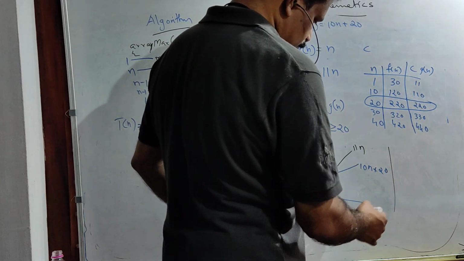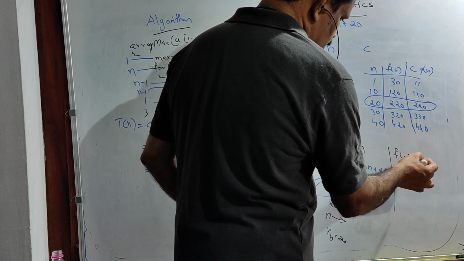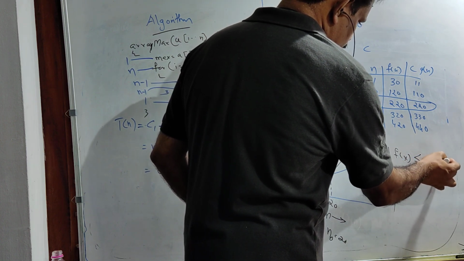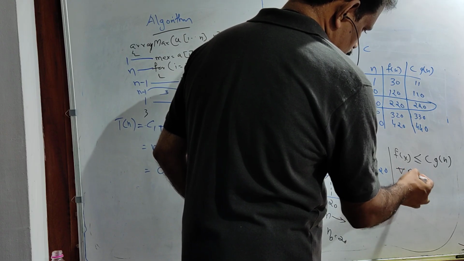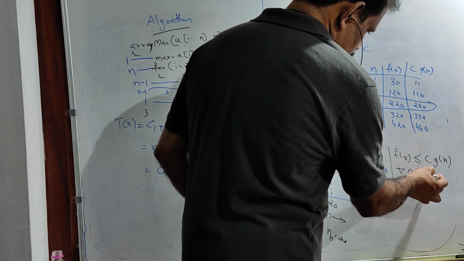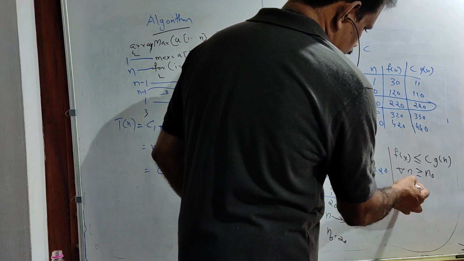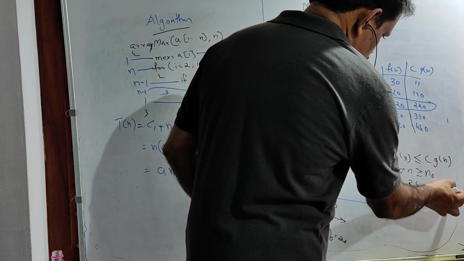Okay, we have f of n is always less than or equal to c into g of n for all values of n greater than or equal to n0, where n0 and c are positive constants.